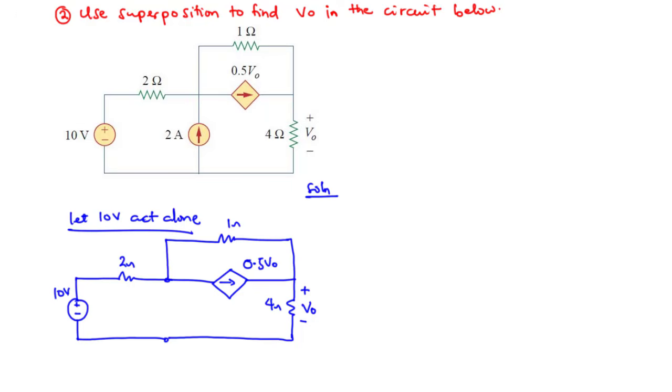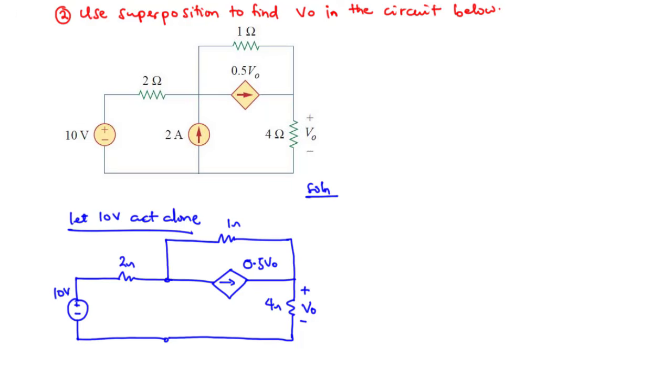So at this point, we've been able to redraw the circuit, deactivating the 2 amperes current source. Now we are supposed to assign current and then find the value of V0. Now sometimes it's very difficult to easily identify whether this 2 ohms resistor is in series with this 1 ohm resistor, or better still, the two are in parallel.